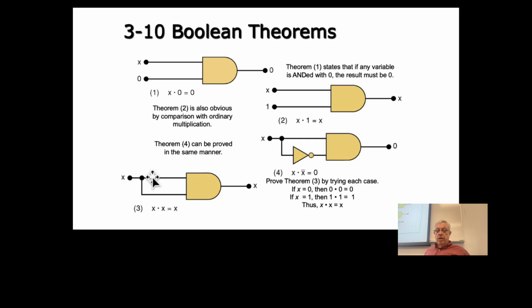Third one, x ANDed against itself is going to be x out. That's fairly intuitive. Anything against its complement, x and not x, one of those two terms is a 0. A 0 into an AND gate gets me a 0 out.